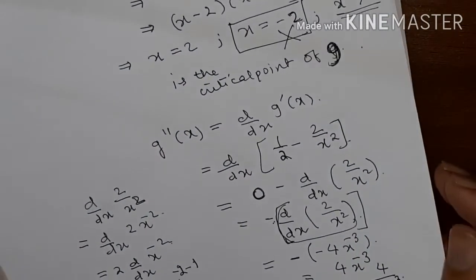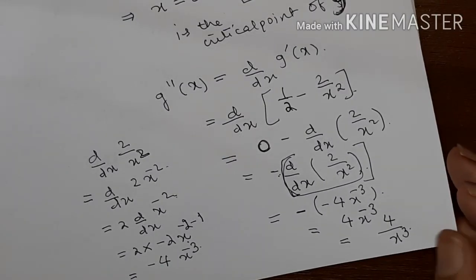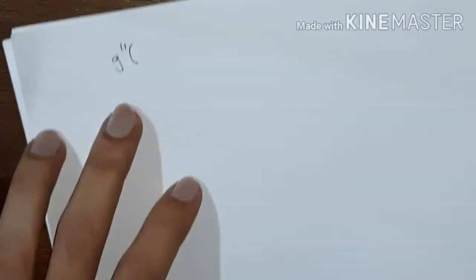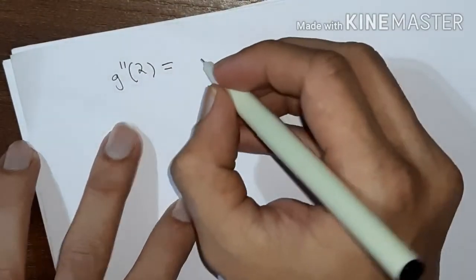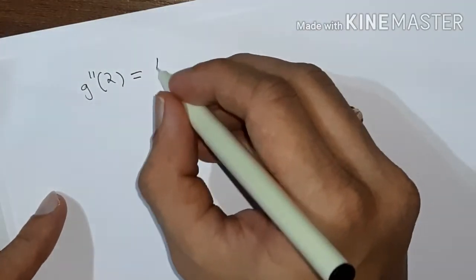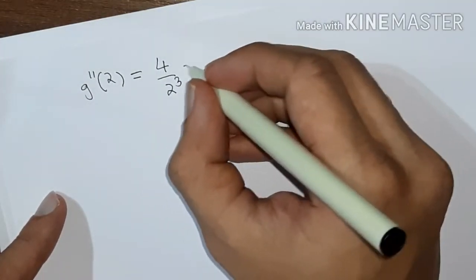Now what you have to do is substitute the critical point in g double prime, right? So let us see what we get. The critical point we found out was 2. So g double prime of x was 4 by x cube, so here we will get 4 by 2 cube, right?